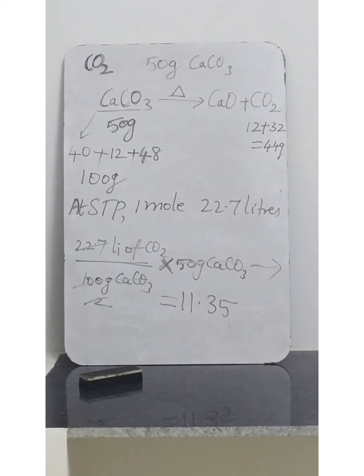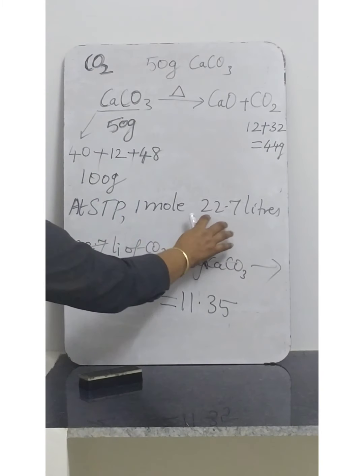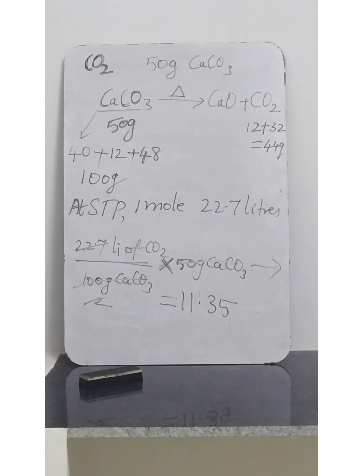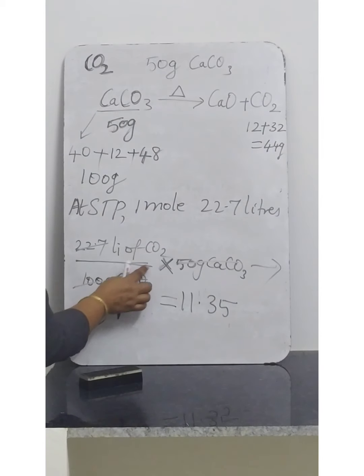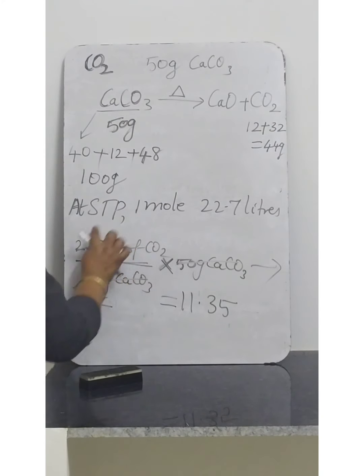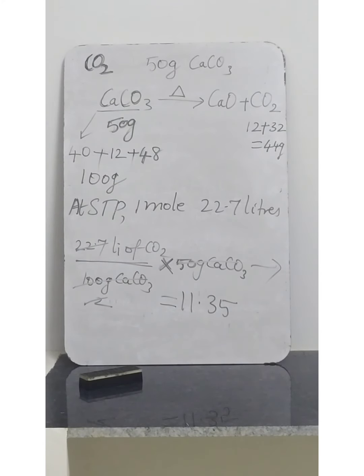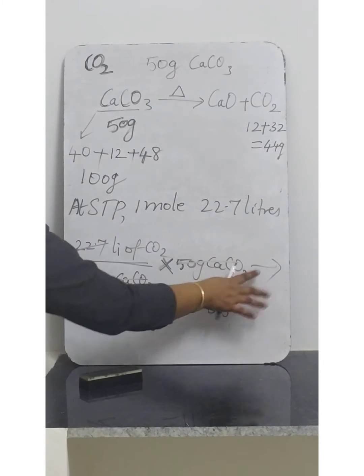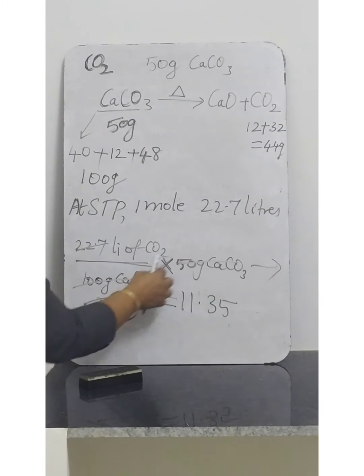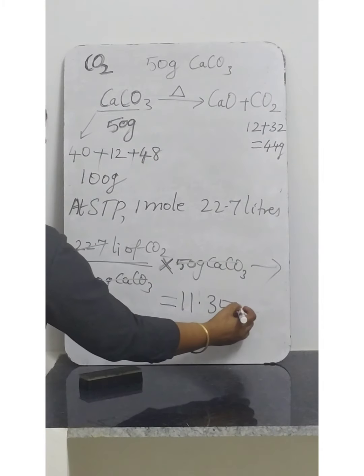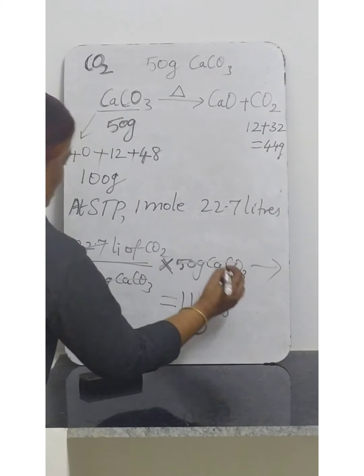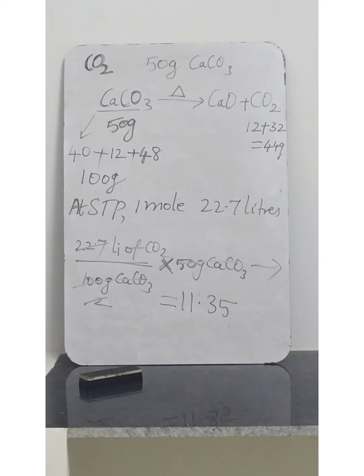At STP, 1 mole of carbon dioxide occupies 22.7 liter. 100 gram of calcium carbonate produces 22.7 liter of carbon dioxide. Therefore, 50 gram of calcium carbonate, we will cancel, and we are getting the answer 11.35 liter of carbon dioxide. So this is the answer.